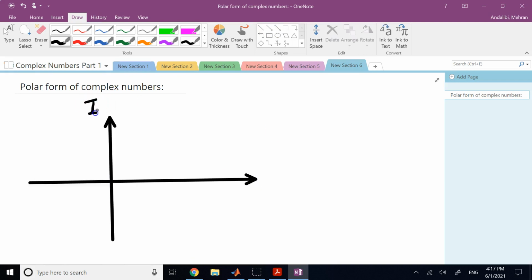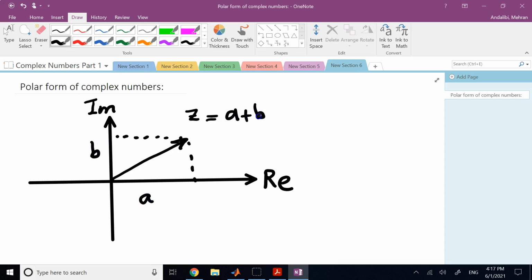So if this is the imaginary axis, and this is the real axis, and this is my complex number z, which I showed by the real part and the imaginary part, let's call it a and b in this case, so it is a plus bi. That's one way to show it. Another way is if I show it using its magnitude, let's call the magnitude of it r if you don't mind, and the angle or argument of it, which is theta.